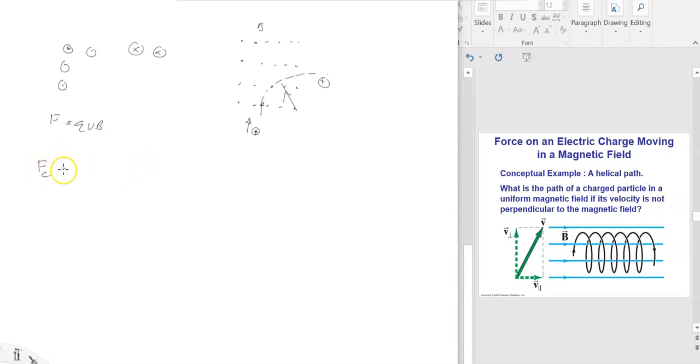Force centripetal is mv squared over r, right? Mass, velocity squared, divided by the radius of the curve. Now in this case, the centripetal force is given by this force due to the magnetic field. Now think about things rotating in circles, like the planets moving around the sun.